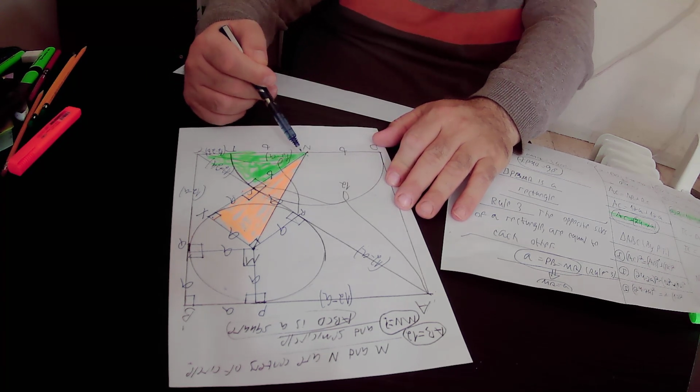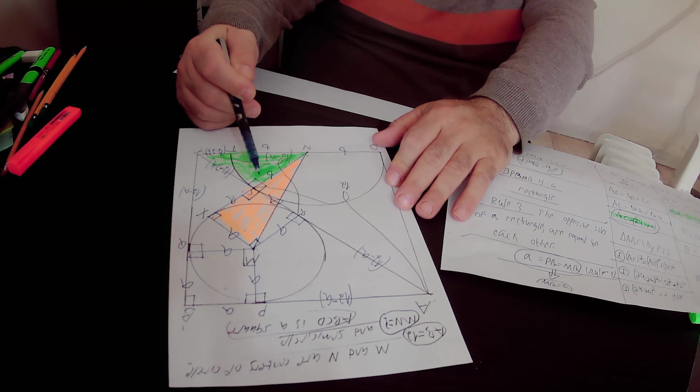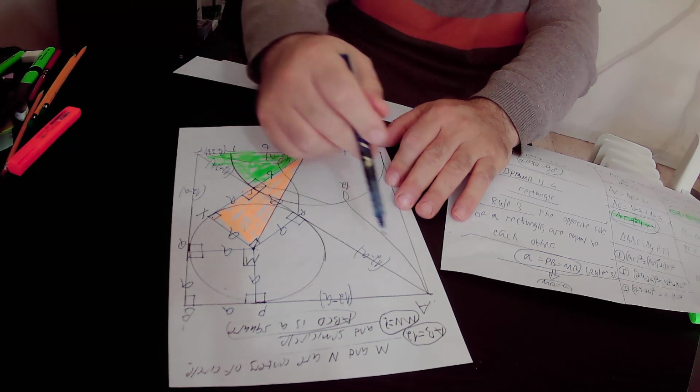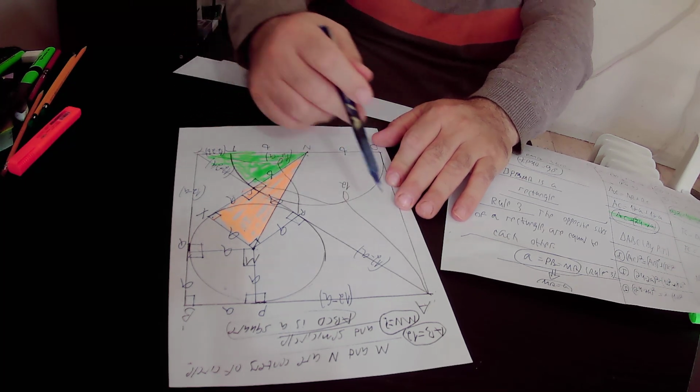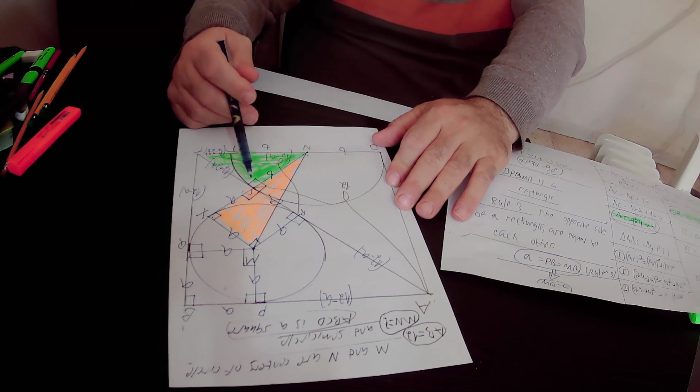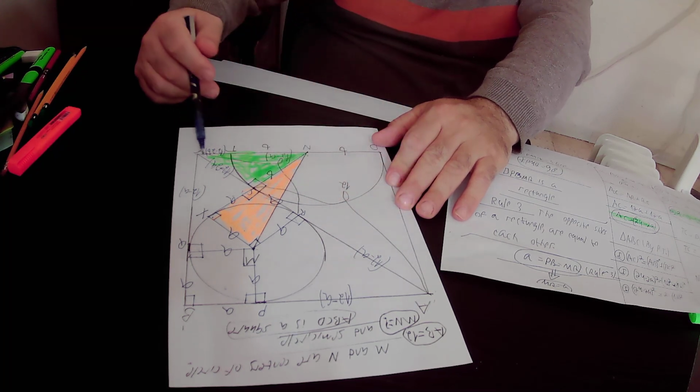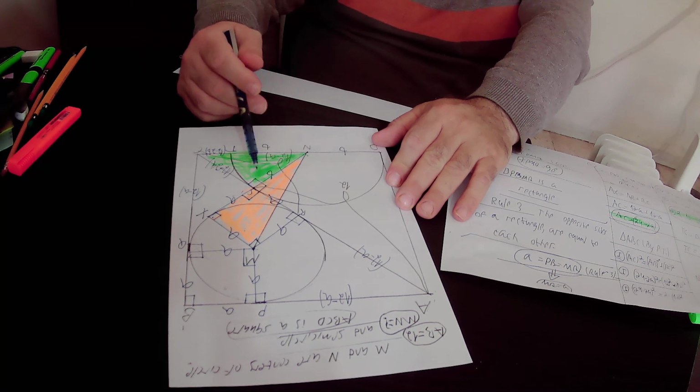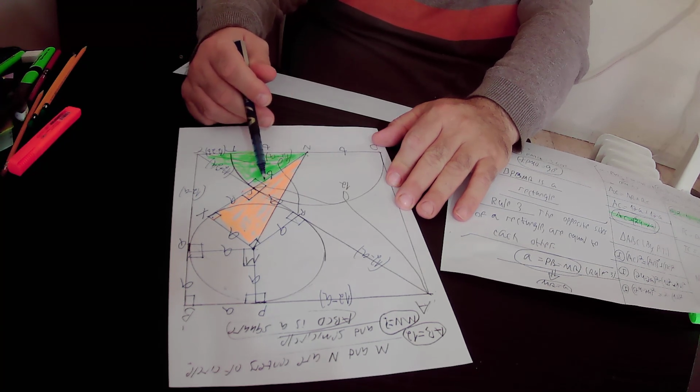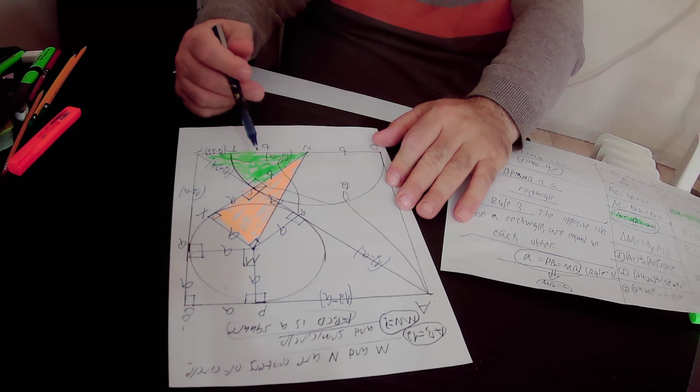And whenever you have a radius drawn to the point of tangency, the tangent will be perpendicular to the radius. In this case, the tangent AC will be perpendicular to the radius SN. So AC is perpendicular to SN, that is to say this angle equals 90 degrees, and this angle is also equal to 90 degrees.